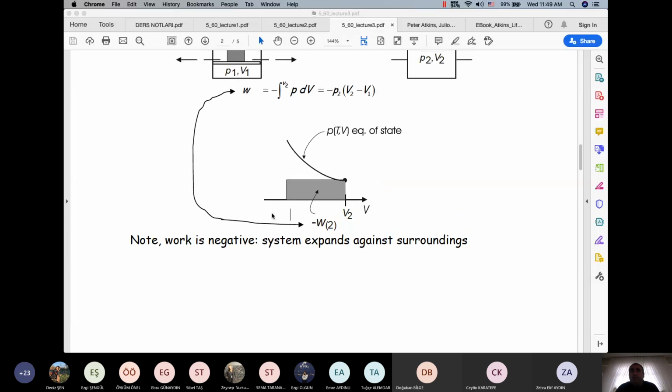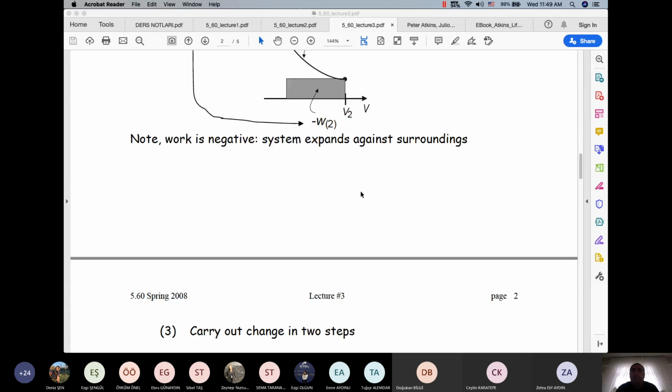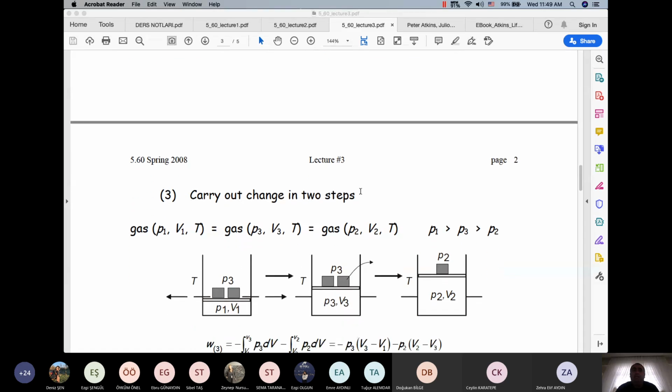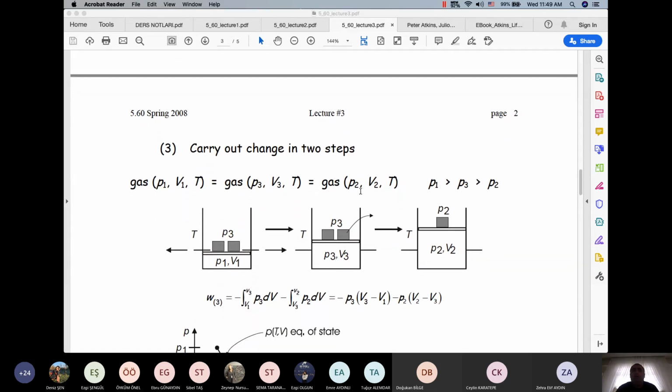When we expand the system in this step, we produce work given by this formula. Okay, minus P2 times delta V. So let's carry out 2 steps now. Instead of having 1 step, let's carry out 2 steps. Okay, in the first step, I imagine a point where it's P3.